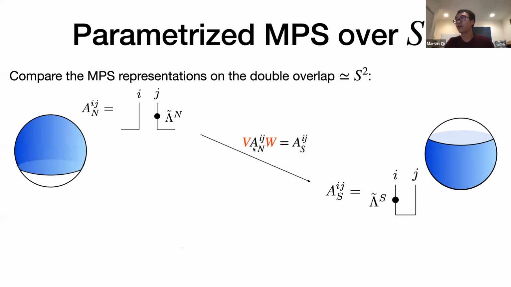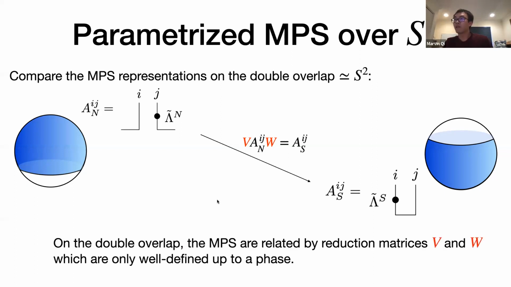So they're related by this pair of matrices V and W. This pair of matrices is called a reduction. It satisfies VW as the identity. And one thing I want to point out is that these matrices V and W are only well-defined up to a phase. So I could redefine W by e to the i phi and V by the opposite. And this combination remains unchanged.